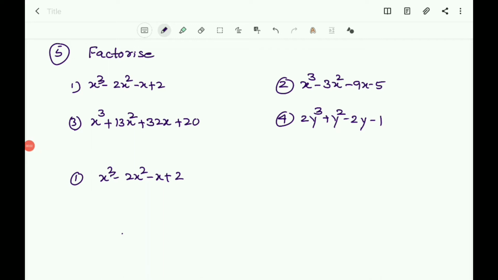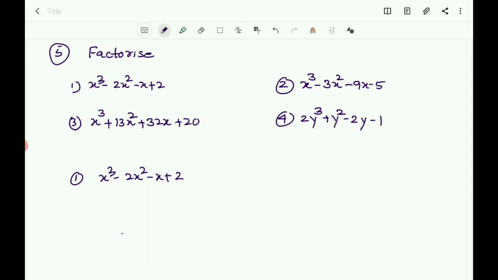Now let us come to the fifth one, that is also factorize. Here there are 4 polynomials, all of them having 4 terms. So it is better to use the factor theorem to find the factors. Now according to the factor theorem, here we have to find a factor. If you get one factor, then easily you can get the other factors by splitting the middle term or by any other method.